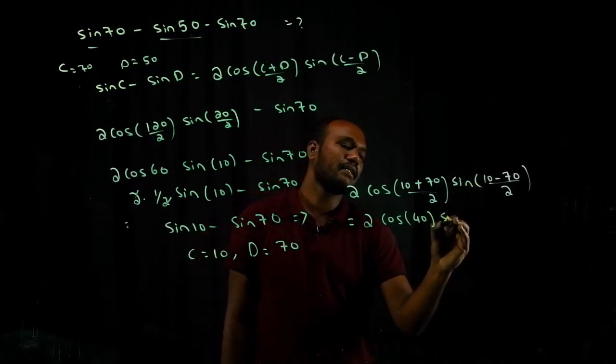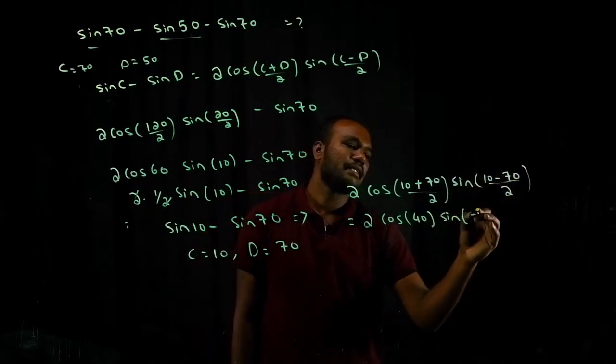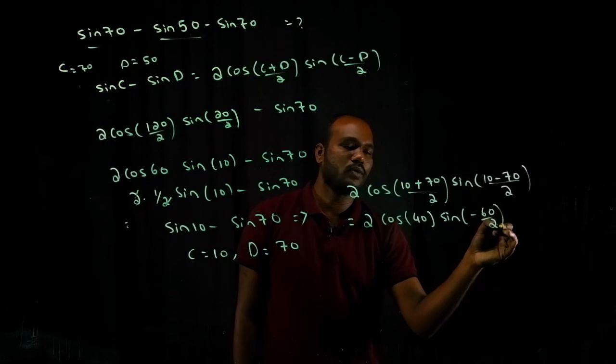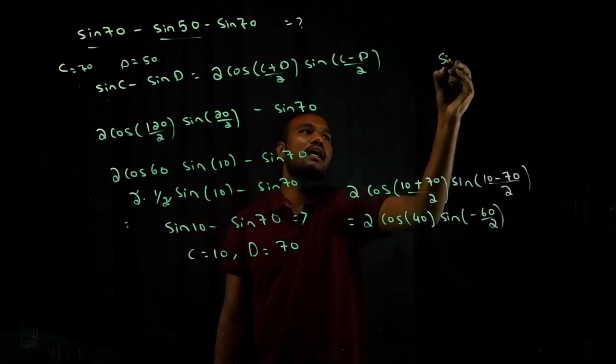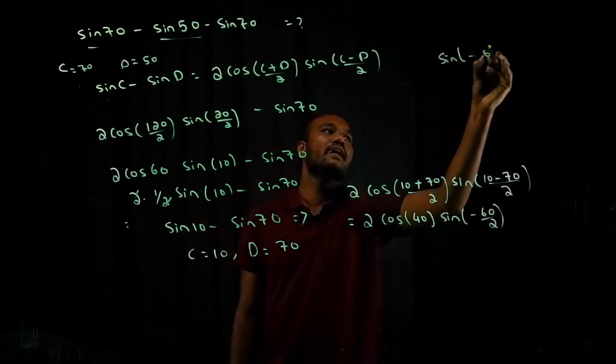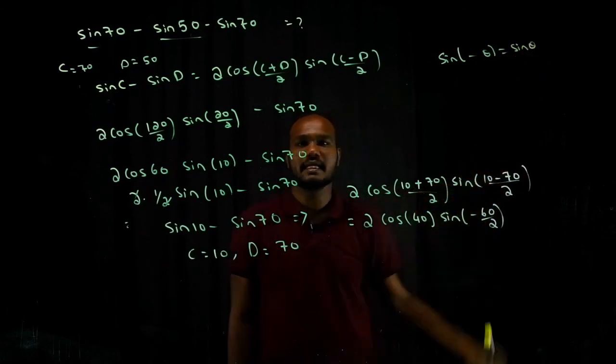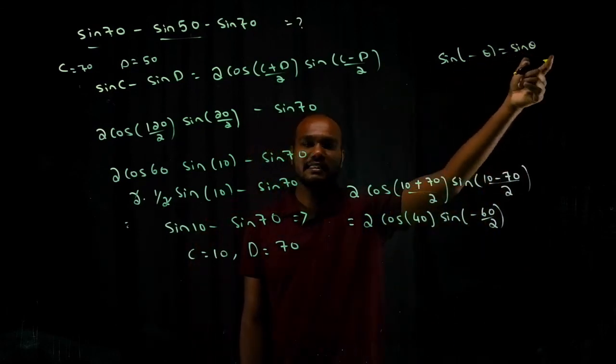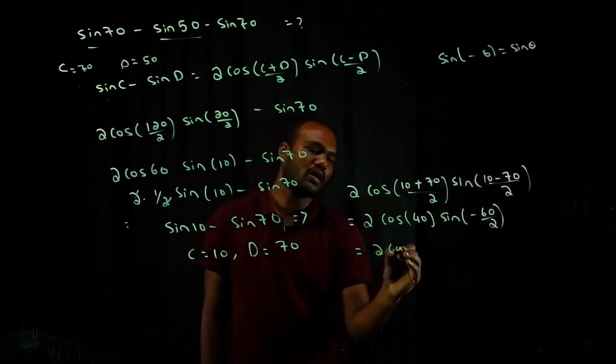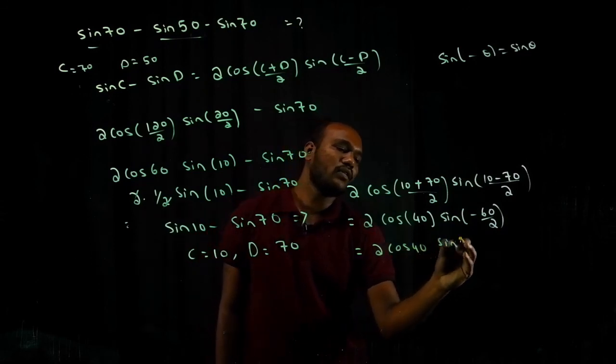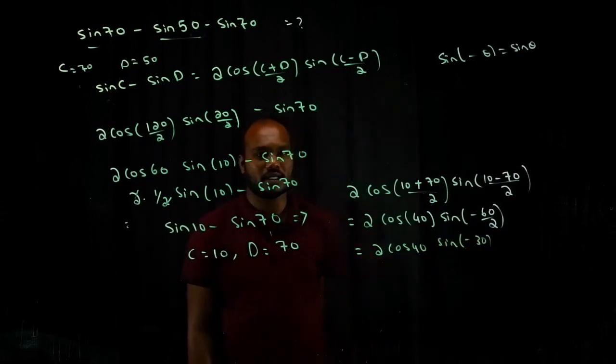And again sin of minus 60 divided by 2. We know the formula. Sin of minus theta is minus sin theta. So I can write 2 cos 40 degrees sin of minus 30 degree. Right?